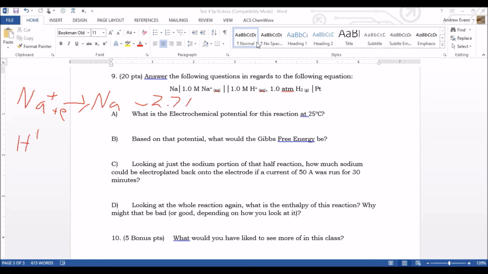Hydrogen is 0. So this one is identical as it appears. This one is opposite as it appears. So I'm going to say 0 minus a negative 2.71. This guy is 2.71.